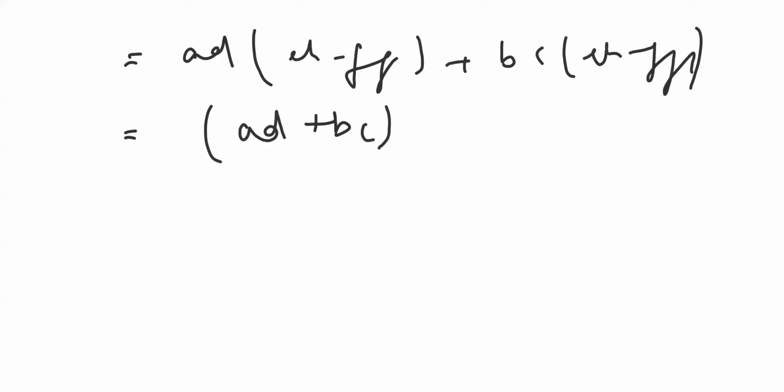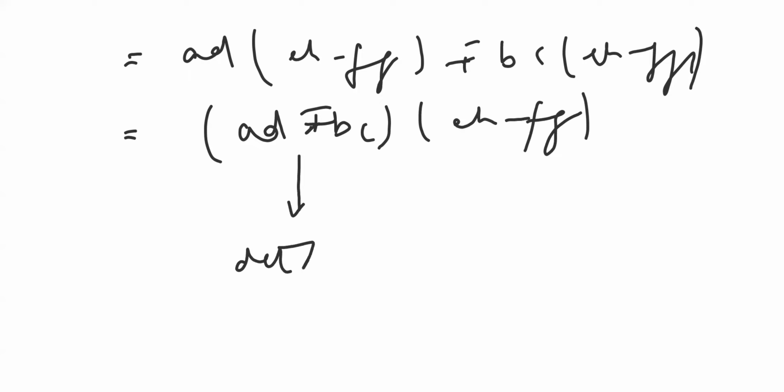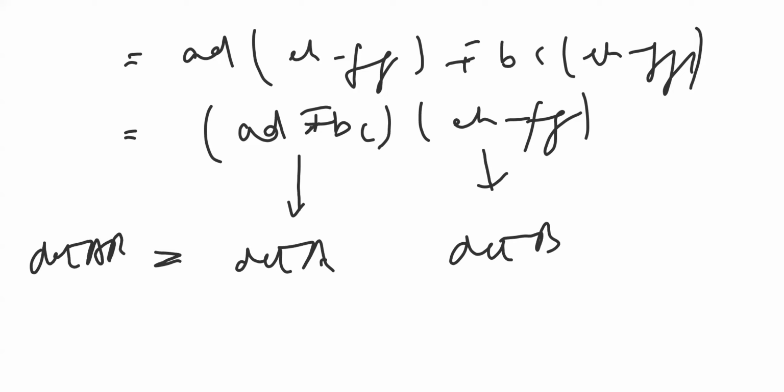Sorry, ये plus नहीं है, this is going to be minus. So this was what our determinant of A was, and this was our determinant of B. So therefore we prove कि हमारा determinant of AB is going to be equal to determinant of A multiplied with our determinant of B.